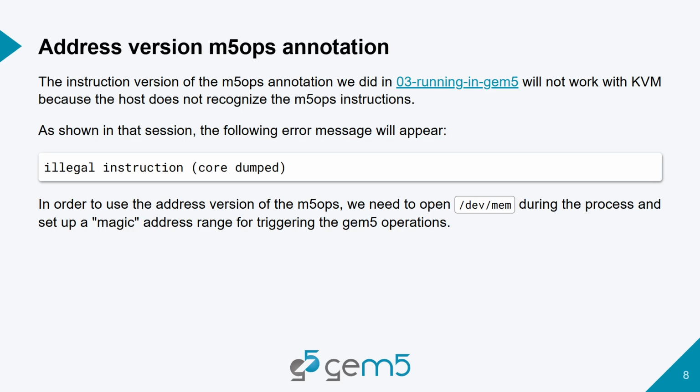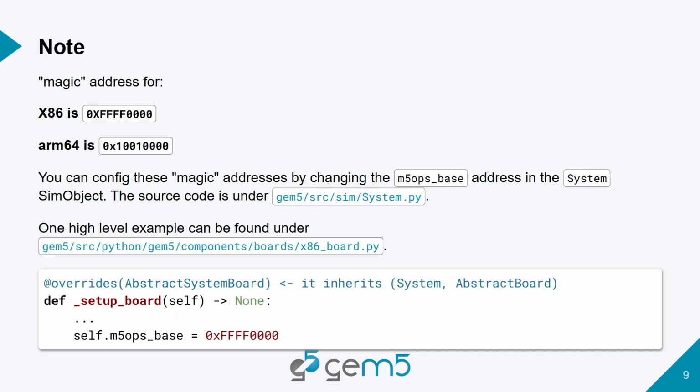So in order to use the address version of the M5 op, we need to open the /dev/mem file during the process and set up a magic address range for triggering the gem5 operation. Note that there's a default magic address for x86, which is the first one, and for ARM64, that second one there.